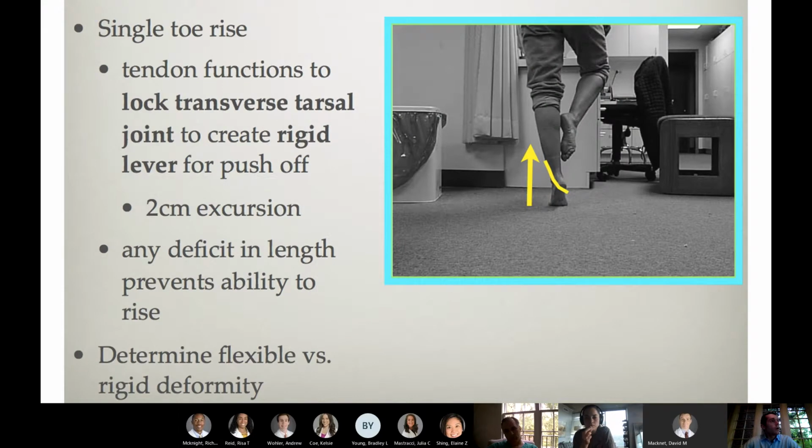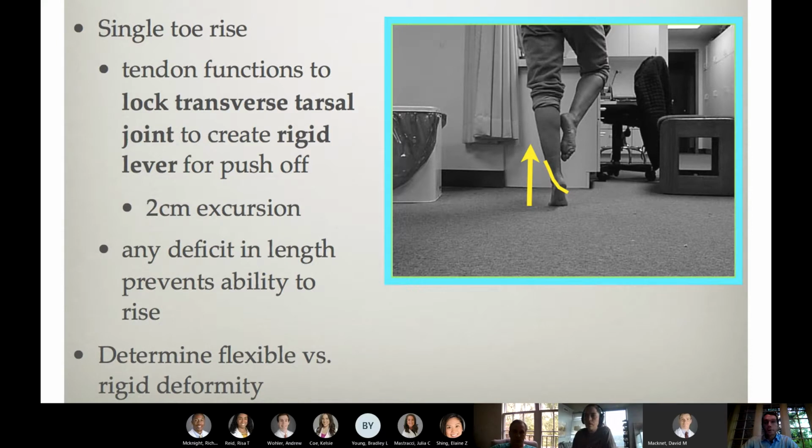A single limb toe rise is what people should be able to do if they have a functional posterior tibialis tendon, even if it's painful. Traditionally, this is what categorizes people to an earlier stage flatfoot or posterior tib dysfunction. Being able to do a single toe rise indicates that you can lock your transverse tarsal joints and push off.